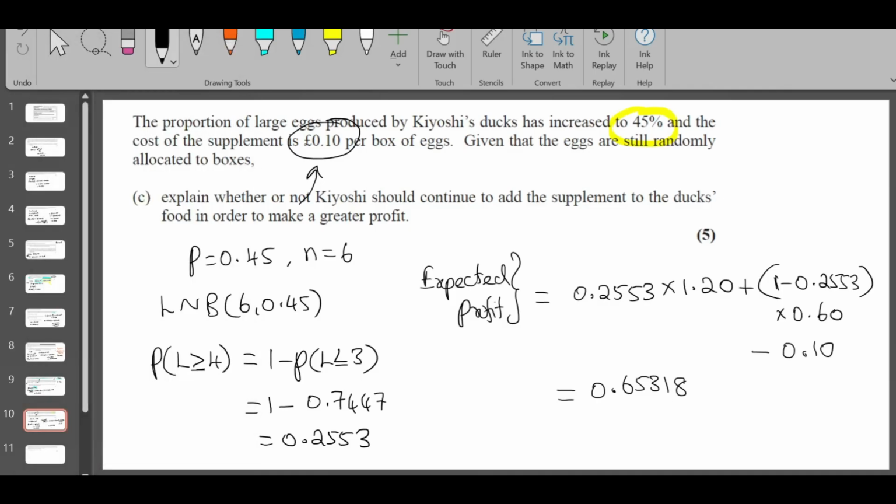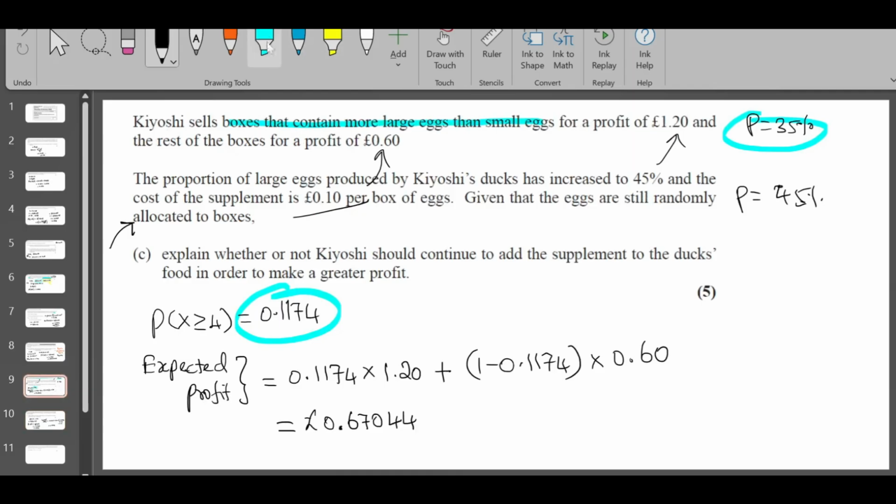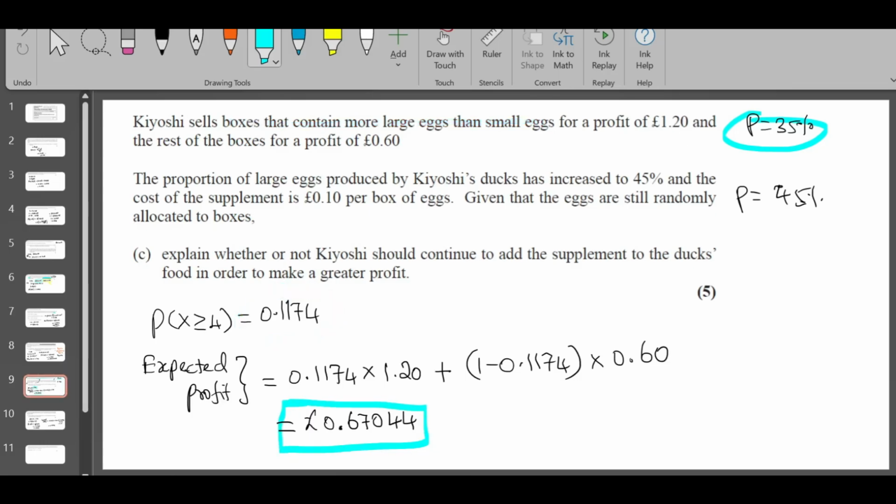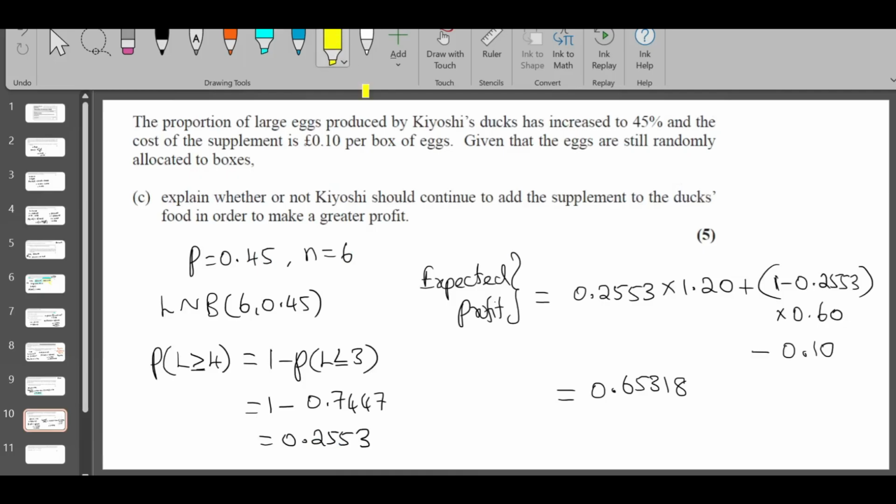So what we are doing here actually, we are finding the expected profit before adding the supplement, and we got the profit as 0.670, right? 0.670 before adding the supplement. After adding the supplement, it has reduced, right? So it makes sense. Adding the supplement is not increasing the expected profit, right?